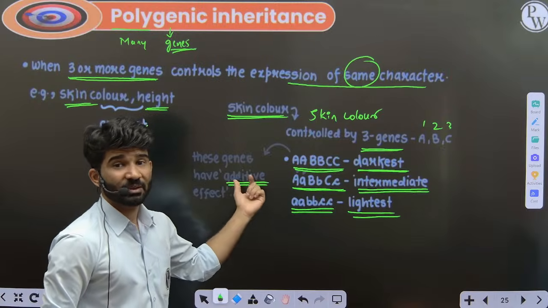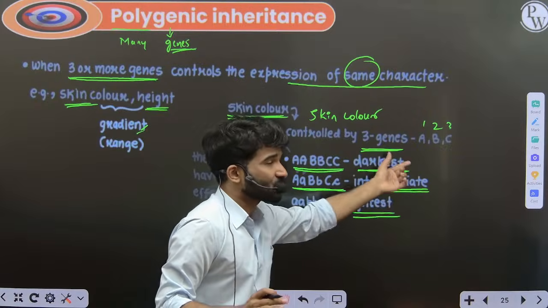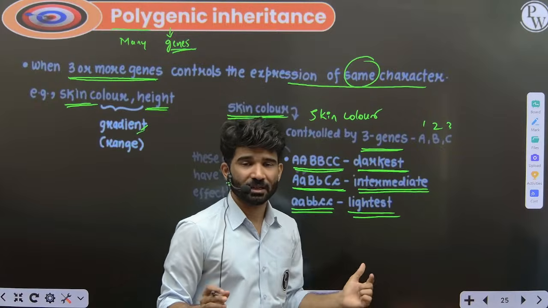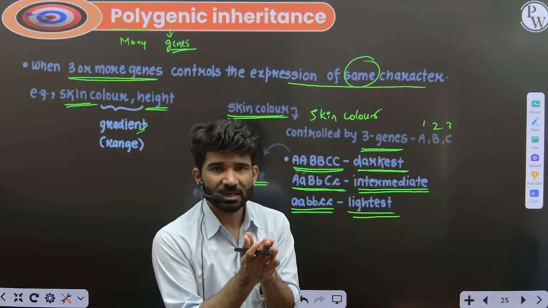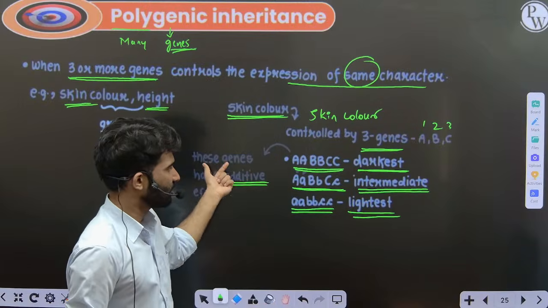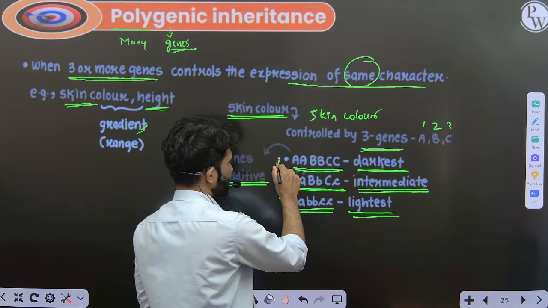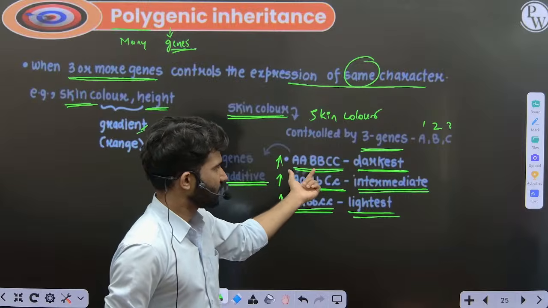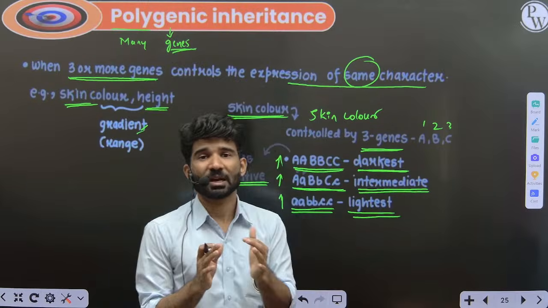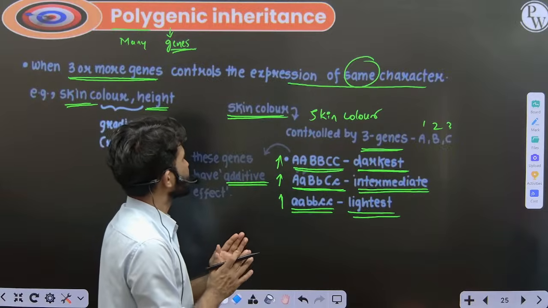What is that additive effect? If more dominant genes are present, that adds to the coloration and gives the darkest color. If fewer dominant genes are present, it gives the lighter color. So that is what we call the additive effect.